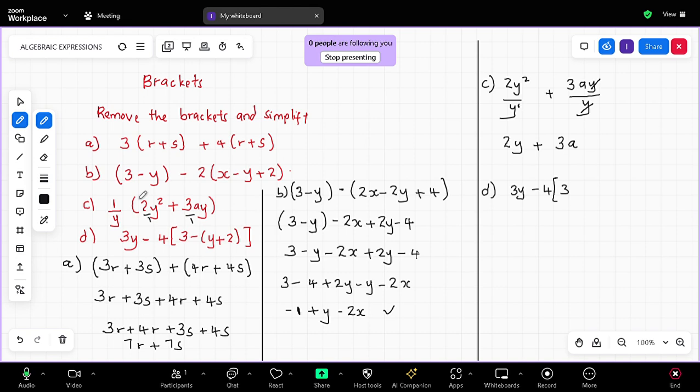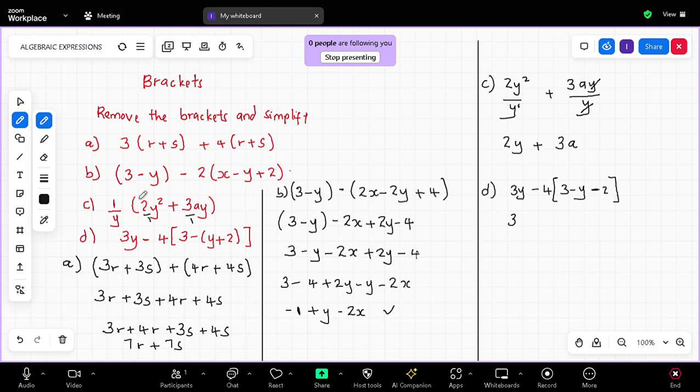Negative multiplied by y is minus y, because it's a negative here and y is positive. The negative multiplied by positive is a negative, so negative 2. So we have opened the smaller bracket: the negative has affected the positive y, and the negative has also affected positive 2.